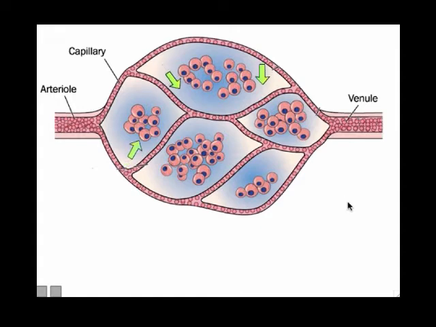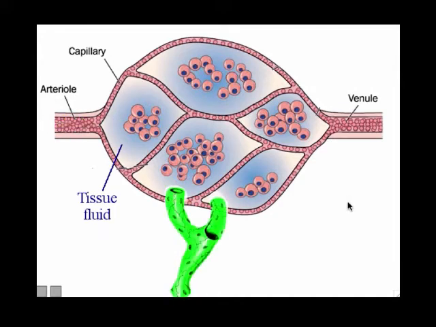Well, here's the thing. As the blood is flowing through the capillaries inside each organ, small amounts of watery liquid leak out of the capillaries and go amongst the cells in that organ.